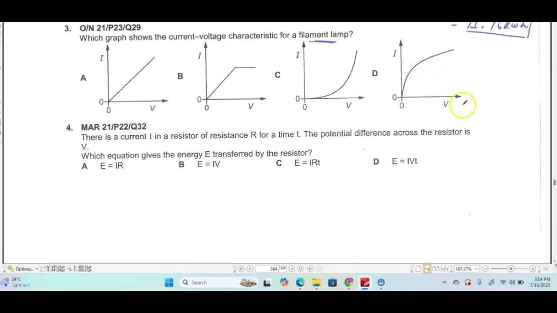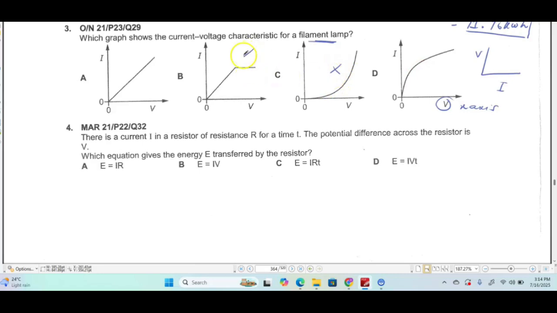Voltage is on the x axis, so it's going to curve towards that. If it went the other way, it would have curved towards the current axis instead. So it always curves towards the voltage axis as the resistance increases.